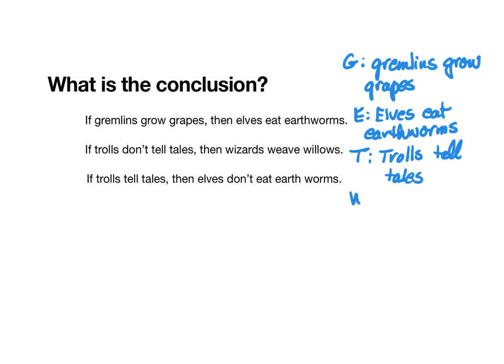And we're going to call statement W: wizards weave willows. Okay, so take a look at these statements, write them in conditional format. You might need to negate it, write the contrapositive of some of them, and try to link them together. Press pause on your video, and when you're ready for the explanation, press play again.